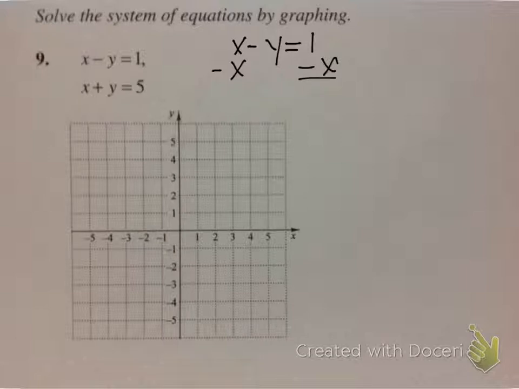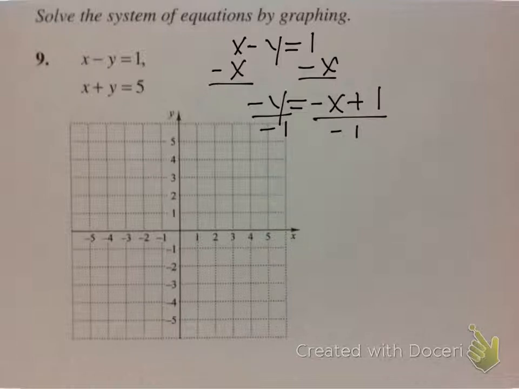In other words, I've got to get y by itself, and y equals then the x term. And it looks like I'm going to have to divide everything by negative 1 to get y by itself. That's going to leave me with y equals negative x over negative 1 to be positive x. 1 divided by negative 1 would be negative 1. So there's my first equation.